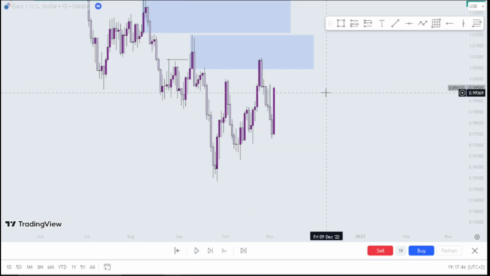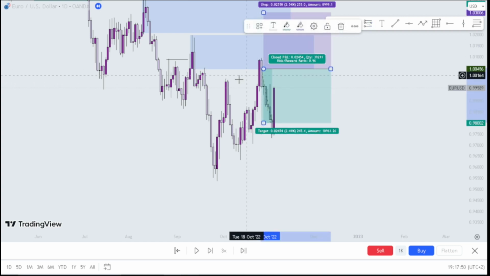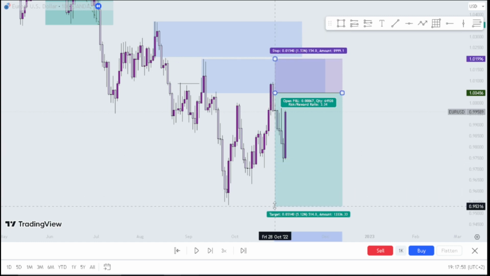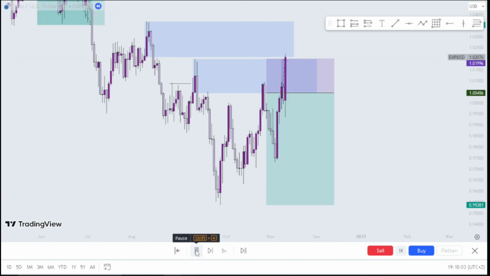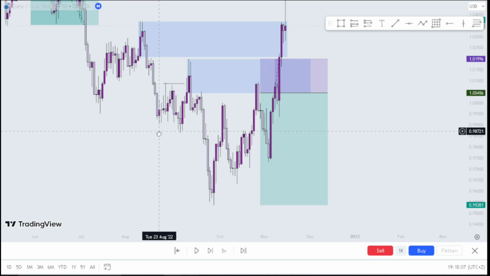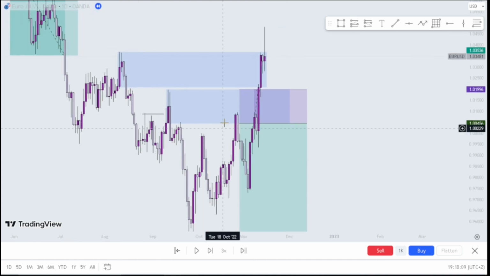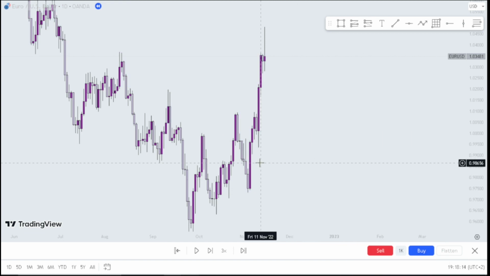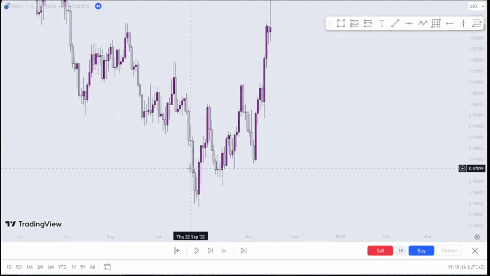That would have been our entry right here at the open of the order block, and our stop loss would have been just behind, with target being the low. Okay, so when that happens, that's when we have a change in the market direction, meaning that the market is now bullish, and we look for order blocks in the other direction.